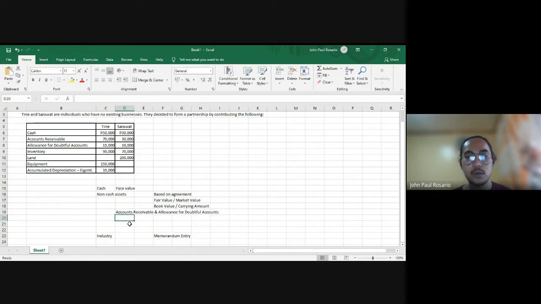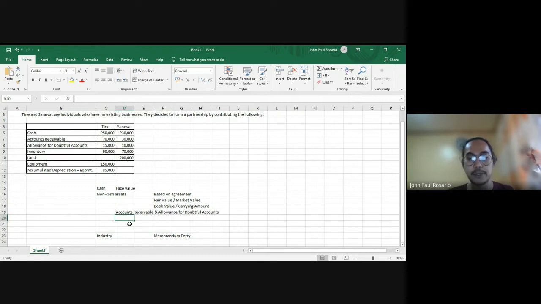So for these two, when recording a contributed accounts receivable, you will not offset the balance of your allowance for doubtful accounts. So both will be recorded at gross amounts. So gross accounts receivable and then gross allowance for doubtful accounts, not accounts receivable net of allowance for doubtful accounts.